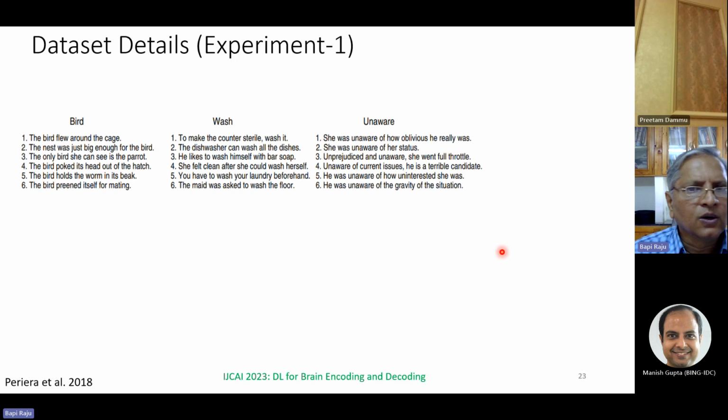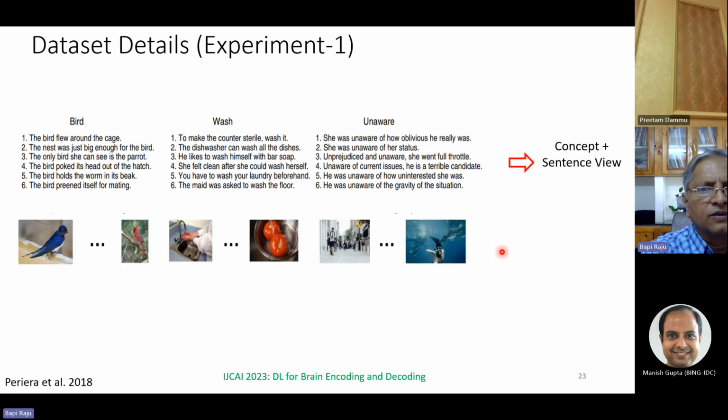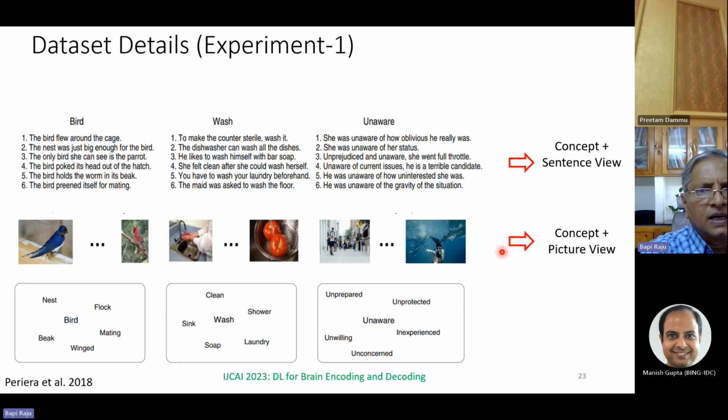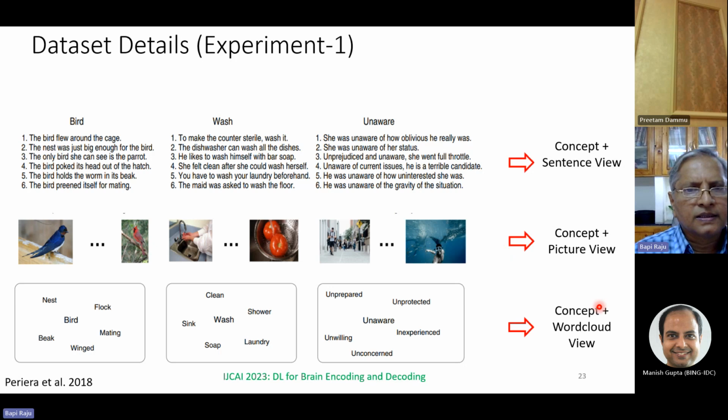Going into the details of the experiment, they asked subjects to look at 3 different views. Let me start with these 3 views, where the first experiment includes a concept plus picture view, where they are shown, in this case the concept is bird, a picture of a bird.